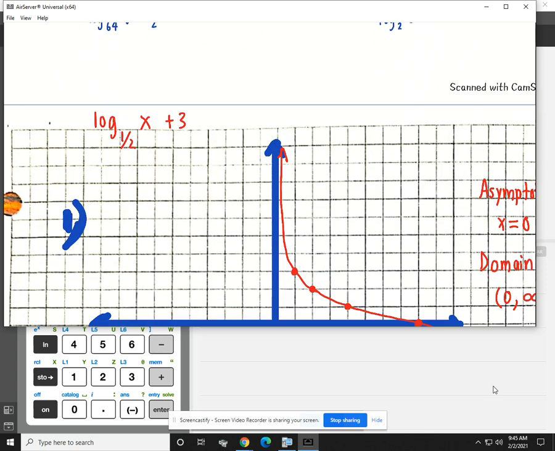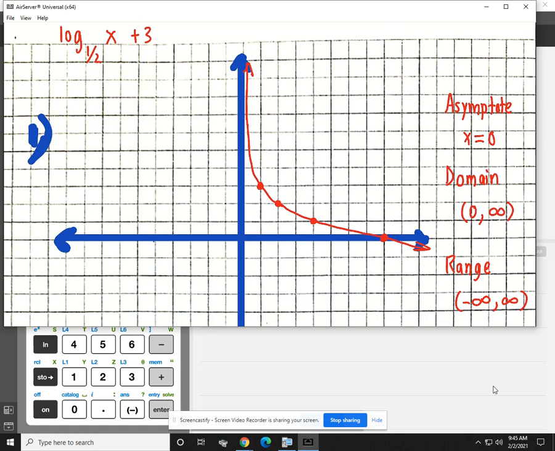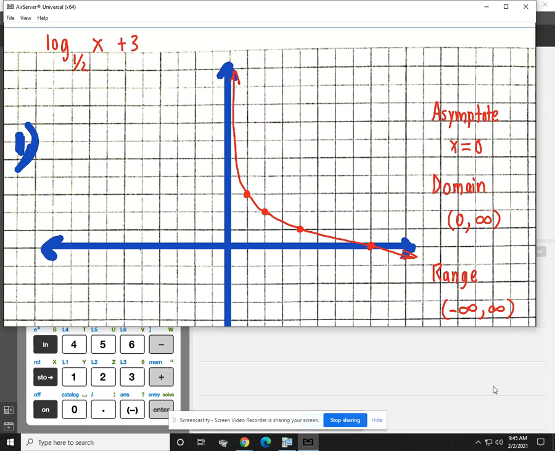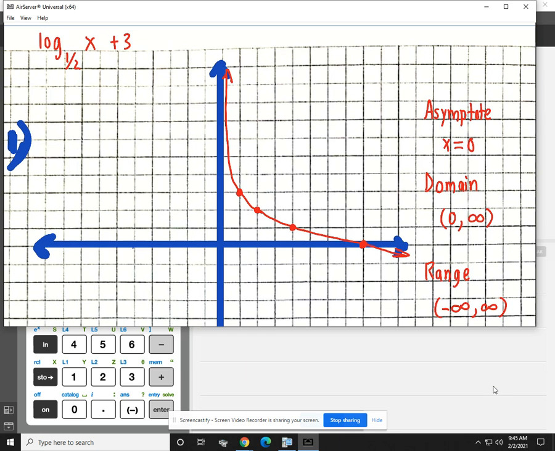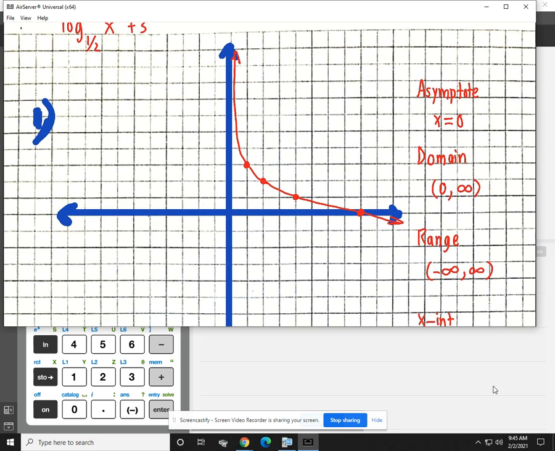All right, let's go to the first graph. And again, the thing I want you to notice about the equation here is, is there anything being added or subtracted within parentheses with that x? No, it was clearly just x and then outside of that plus 3. So that deals with a vertical shift. Therefore, it did not affect my what? Start with an A. It did not affect my asymptote.